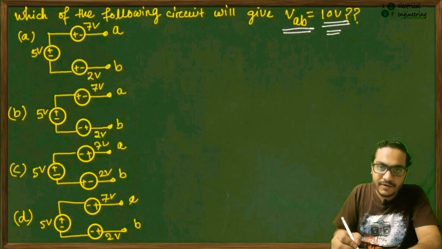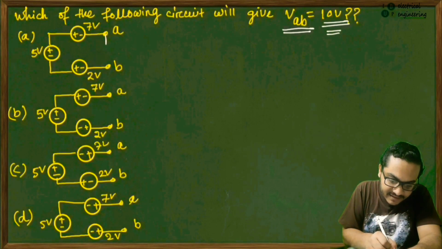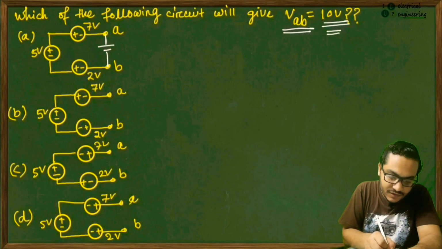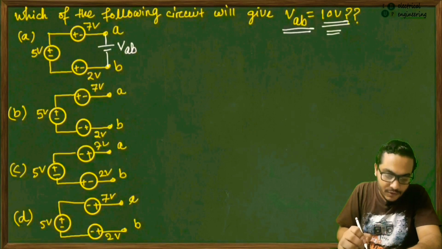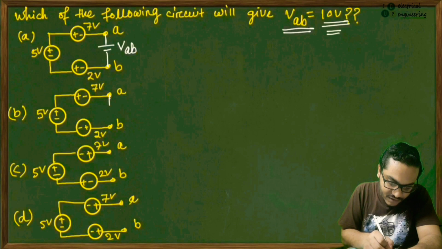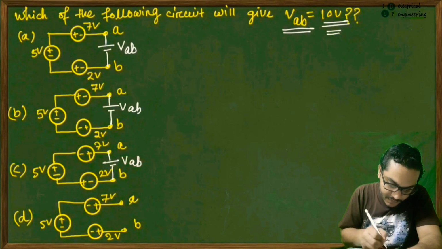So for ease of understanding, let's draw a voltage source like this, positive. So this is a positive voltage source. Now let me mark this as VAB, so we can easily write the KVL. Similarly, this one is VAB, and like this VAB, and also this is VAB.